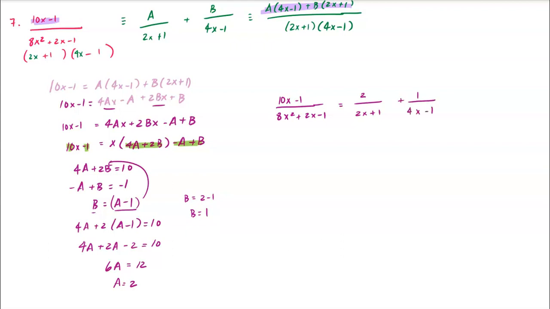I think that's correct. 2 times 4x minus 1 plus 2x plus 1. That's 8x minus 2 plus 2x plus 1. That's 10x minus 1, and it checks out. And there's your answer. Yay! Good job.